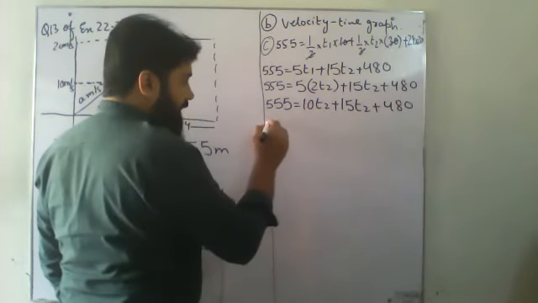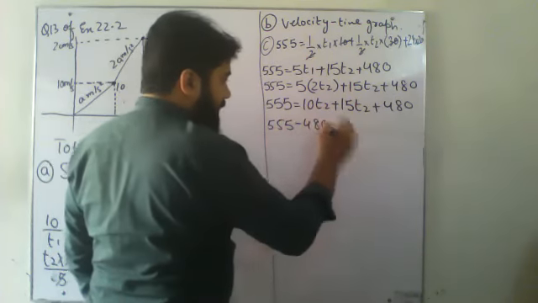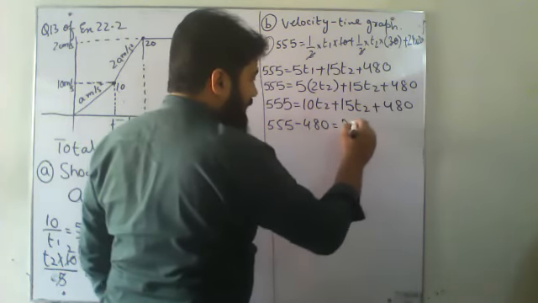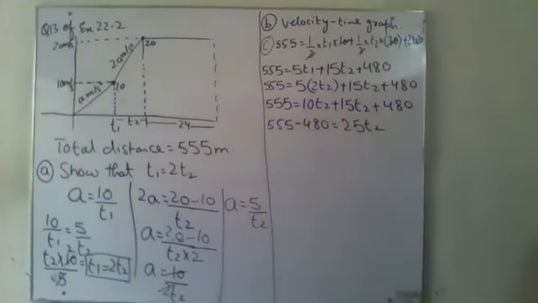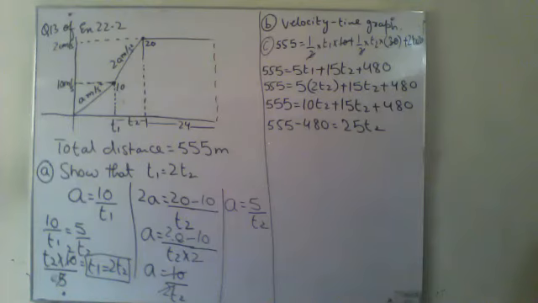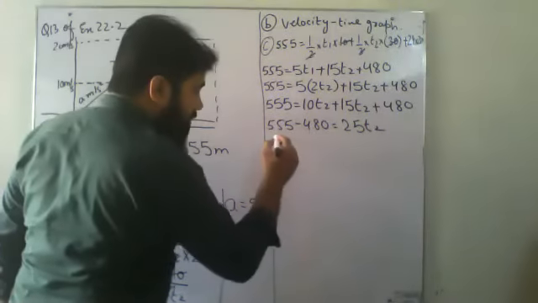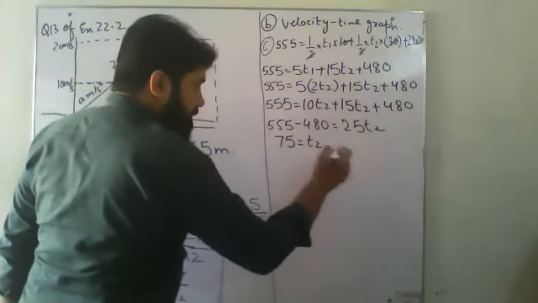Simplifying it further, 555 minus 480 equals to 25T2. So when I subtract these two, my answer will be 75. 75 equals to 25T2.